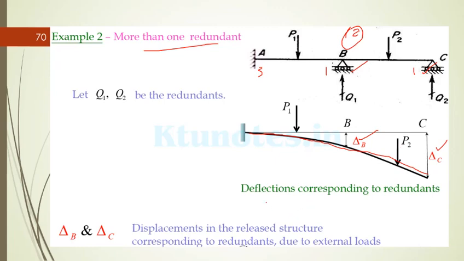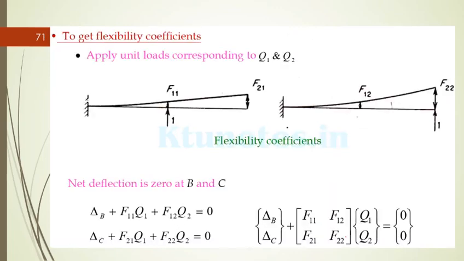These are the deflections corresponding to the redundants. Delta B and delta C are the displacements in the released structure corresponding to the redundants due to the external load.